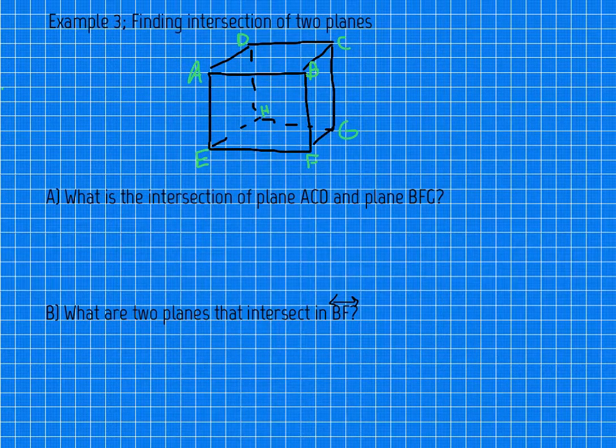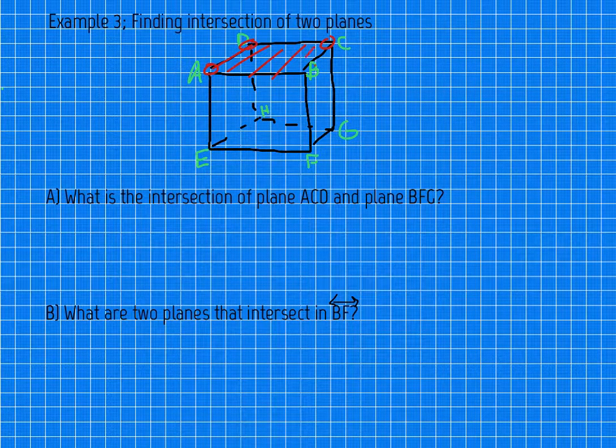Example 3, we're going to find the intersection of two planes. So a plane is a flat surface that extends forever, and when they intersect, it creates a line of some sort. So what is the intersection of plane ACD and plane BFG? So ACD, so this plane on top, and where is that intersecting?